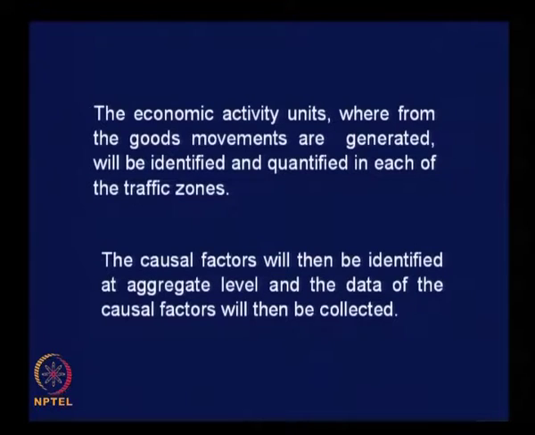The causal factors will then be identified at aggregate level. There is no need for disaggregation, and the data of the causal factors will then be collected after identification of the causal factors. Most of the causal factors, as you know, will be economic factors.